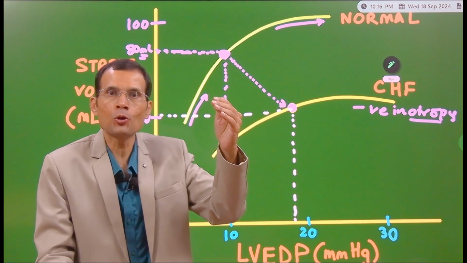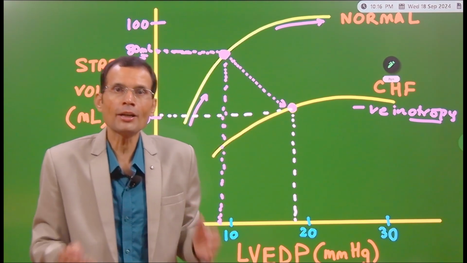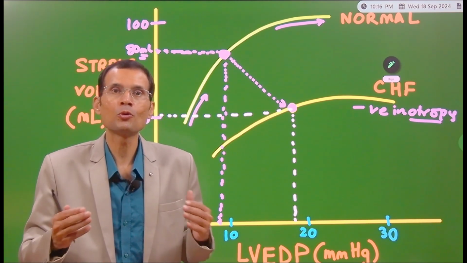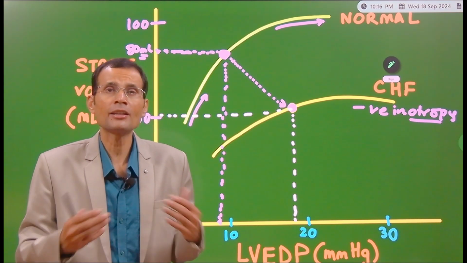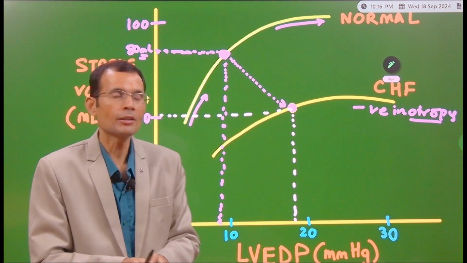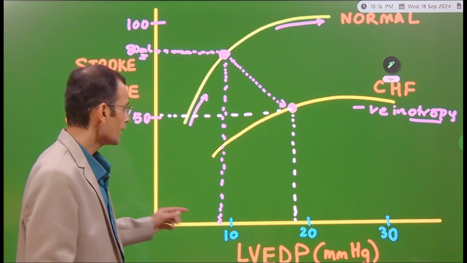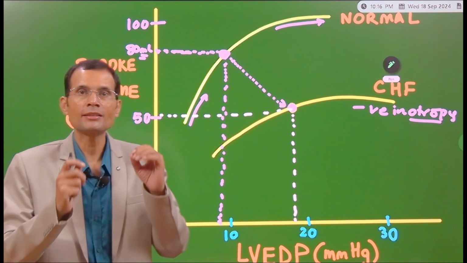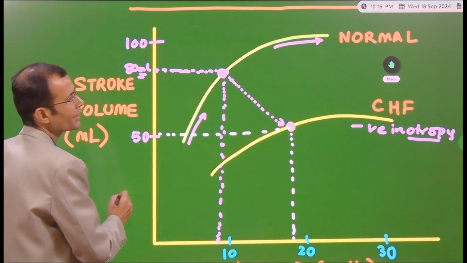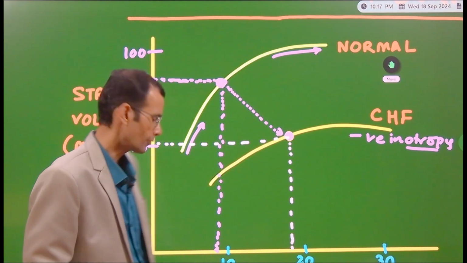Then it goes in the diastole, it receives its normal quota of blood. Therefore, its volume, left ventricular end diastolic volume, goes on increasing. And therefore, because more and more blood is staying in the left ventricle, by the end of the diastole, its pressure also increases. Left ventricular end diastolic pressure is high in the case of heart failure. Now that is clinically the most important point to be considered in the Frank-Starling curve.